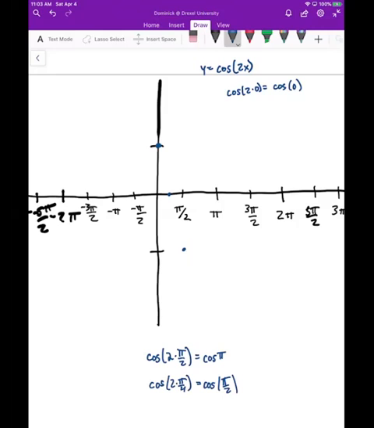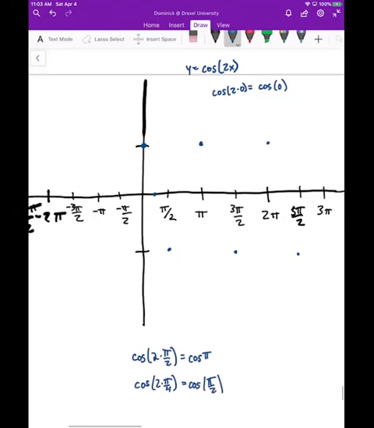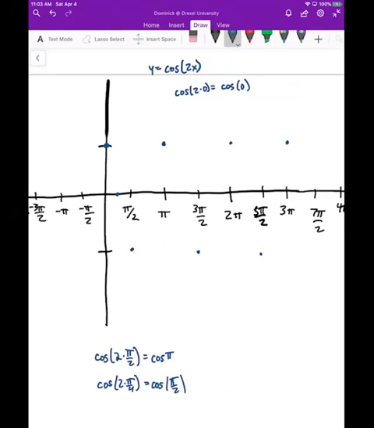So now you're seeing that every pi, you're making a full cycle. Every pi over 2, you're jumping from 1 to -1. So now your function is going to look something like this. Everything's being squeezed a little bit tighter now.